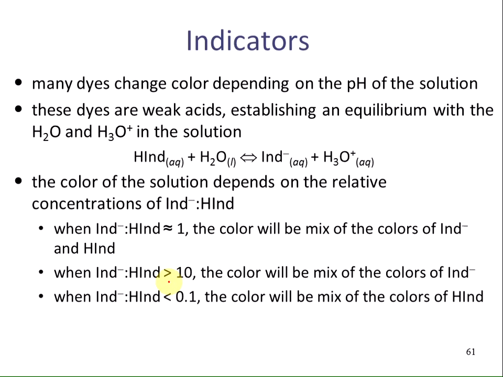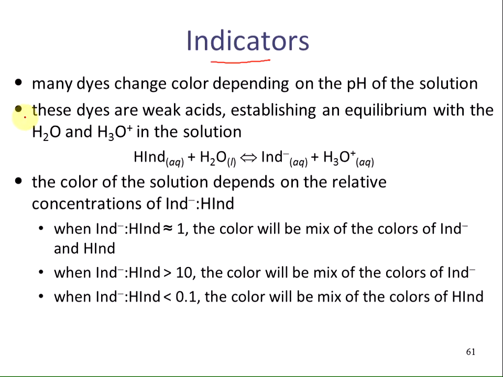So we're going to take a little bit of time to focus on indicators, and many dyes change color depending on the pH of the solution. And you should have seen this already in your lab when you were determining the equilibrium constant for bromothymol blue. And these dyes are weak acids, and they establish an equilibrium with water and the hydronium ions in solution.